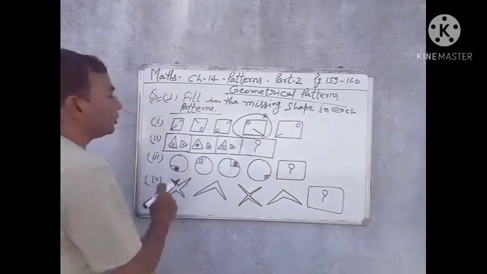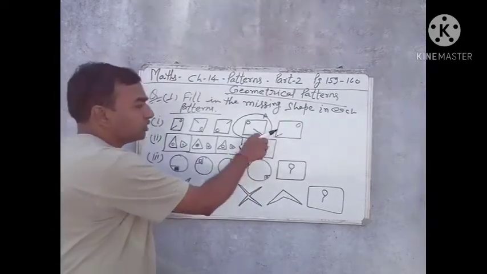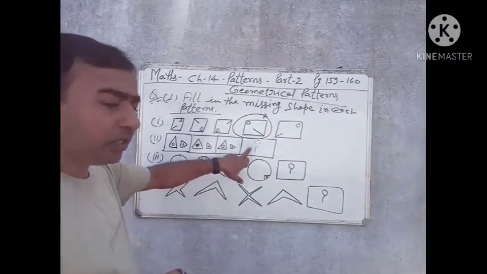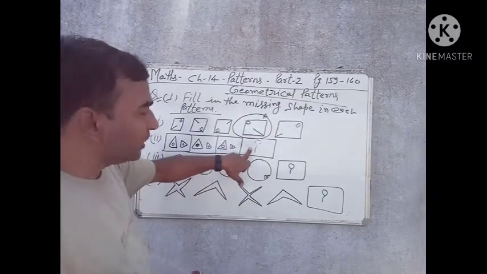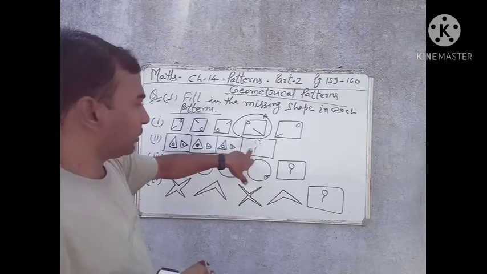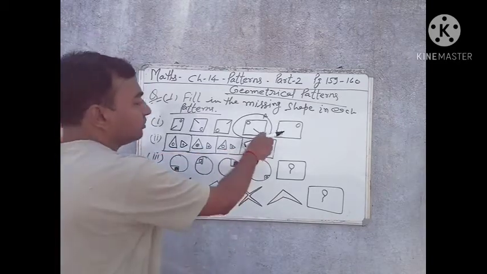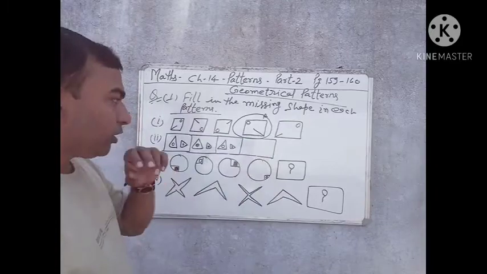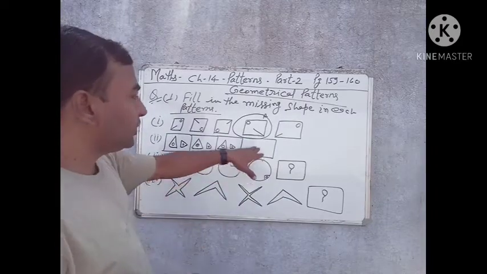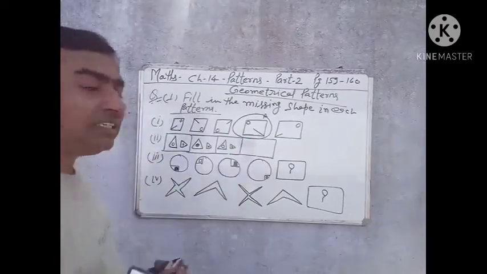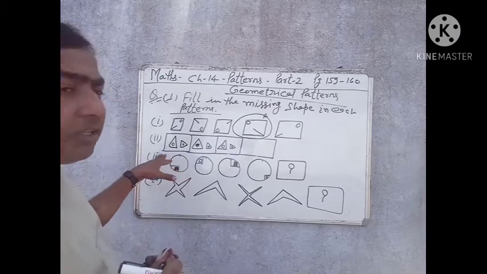Now come to question number 2. In question number 2, we will fill the last box, because you can see that I have given the question mark. We have to see the sequence of the given shapes.